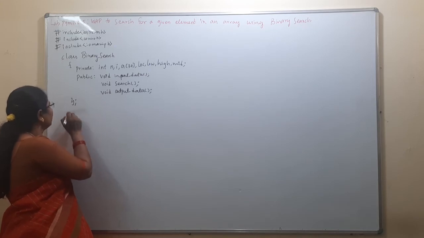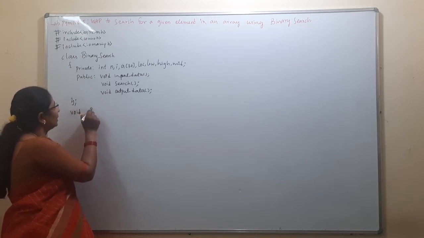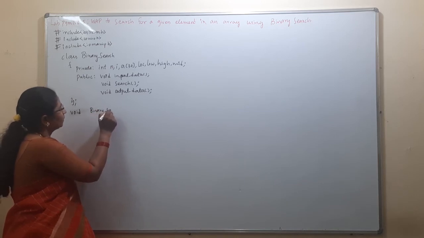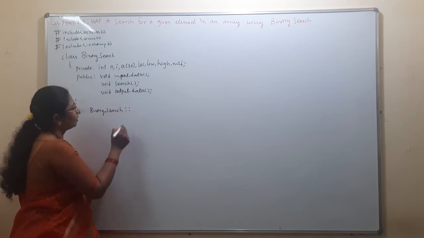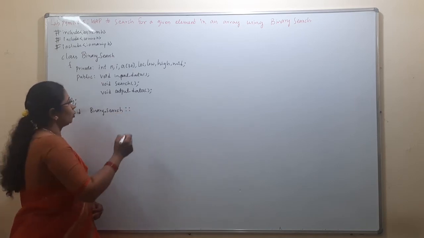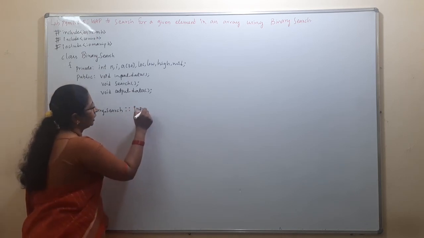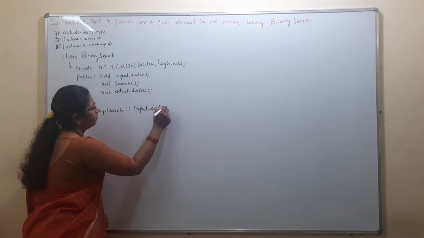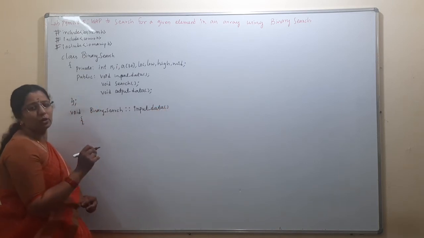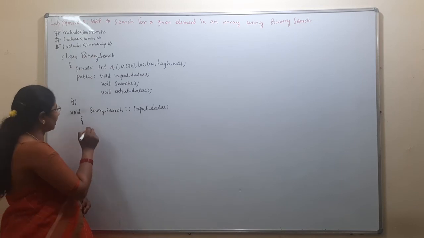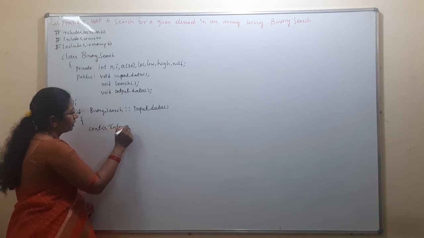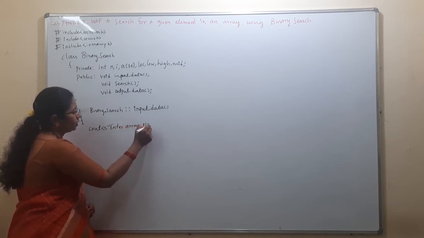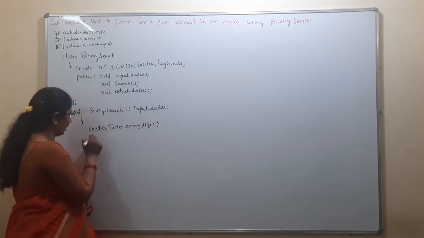So we are defining a member function outside the class. What is the return type? Void is the return type. Class name binary search, then the scope resolution operator, defining a member function outside the class using the scope resolution operator, function name input data. Here it is almost similar to the first program logic. Cout, enter array size. Accept the value in the variable called n.